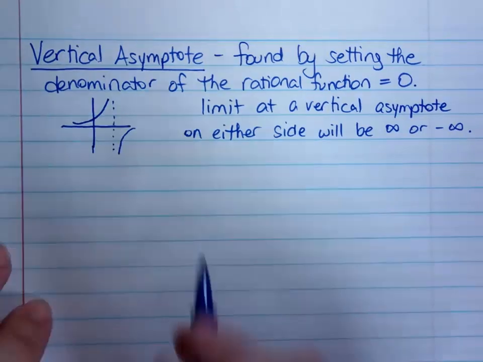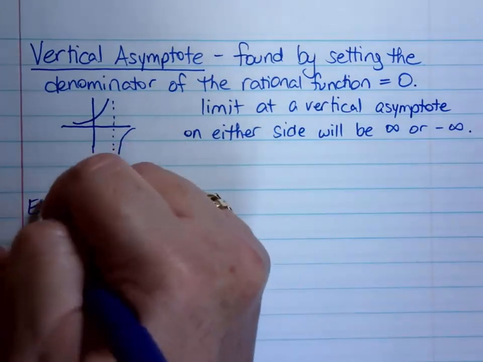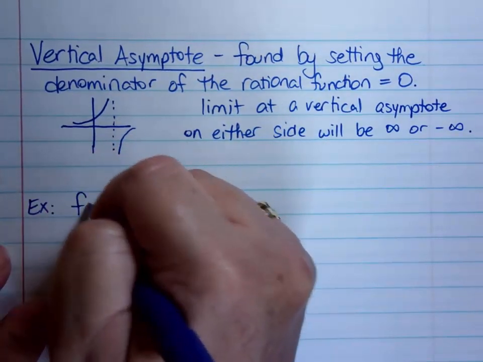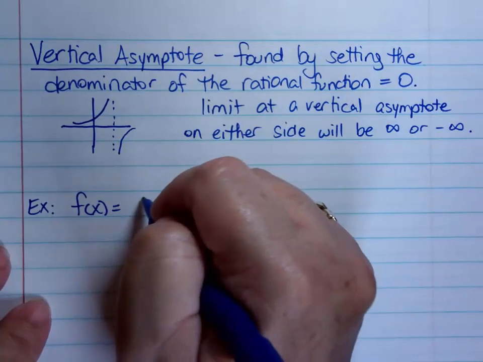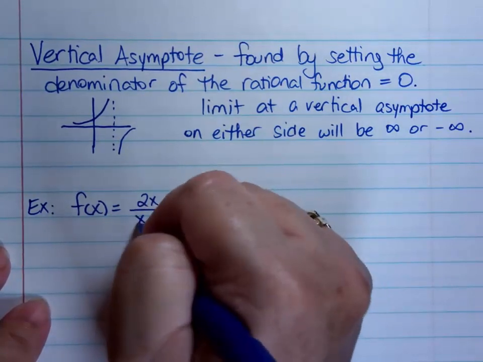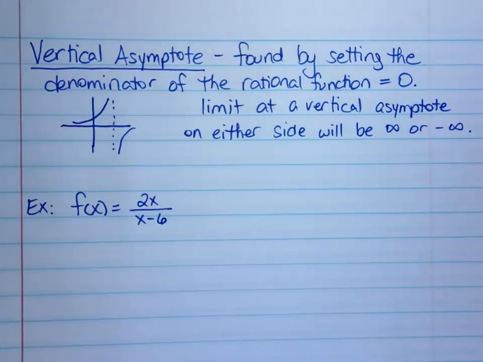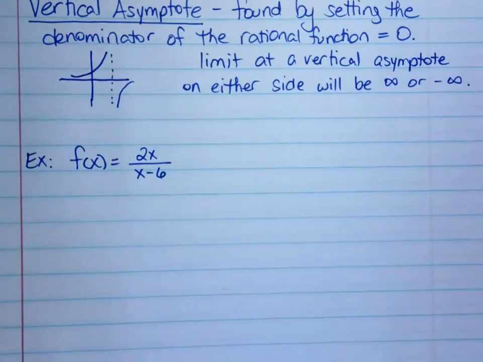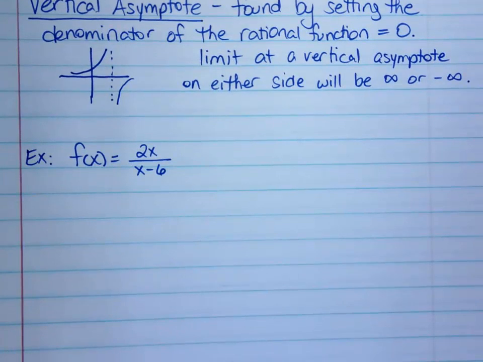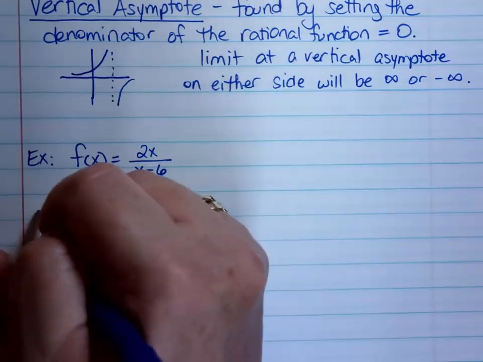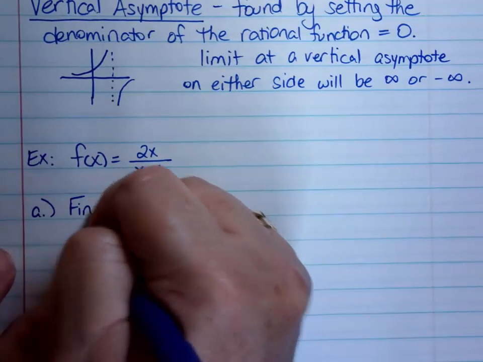So we're going to do a sample problem. I think we only need to do one. F of x equals 2x over x minus 6. That's the function we're going to deal with. So part A is going to say find the vertical asymptote.